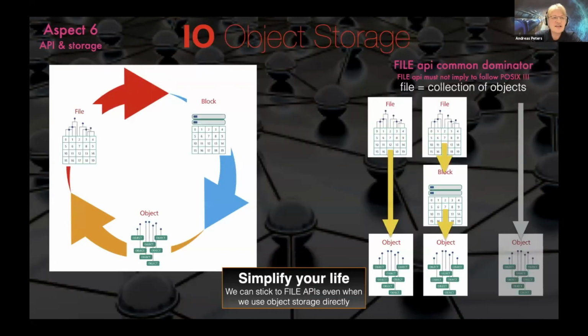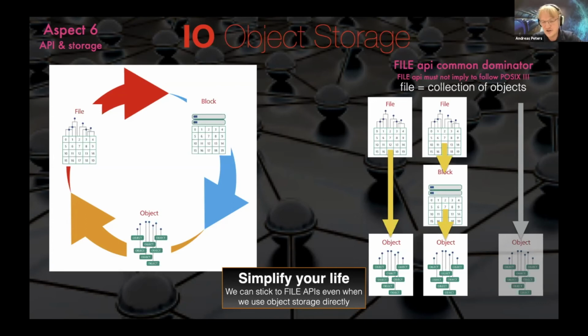The next slide is just about this API. So there's a lot of conversion between file, block, and object storage. And this is not a contradiction to what Jakob said, but it's very convenient, even if you use object storage, to call this grouping of objects a file and to have an interface to this, because unfortunately we don't have only object storage.